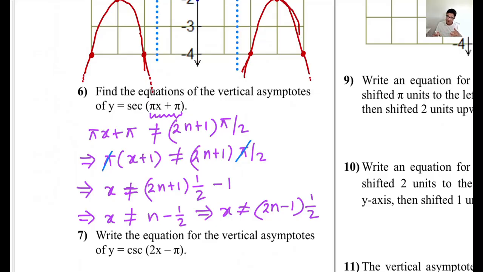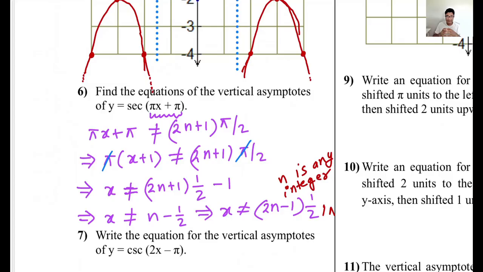And because we are going to take all possible integer values of n, it doesn't matter whether it is 2n plus 1 or 2n minus 1. You end up getting all odd multiples. Here I should mention at the end, n is any integer. That would make the answer complete.